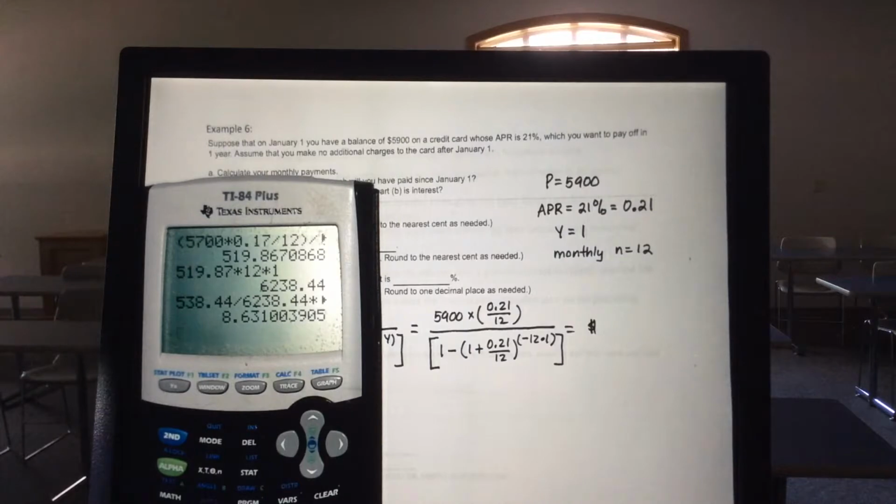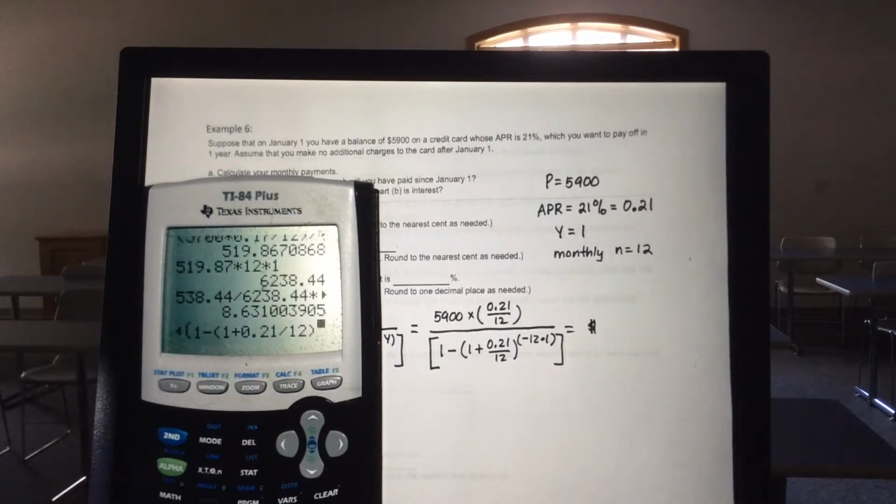Okay, so now let's first do left parentheses, then 5,900 times 0.21 divided by 12, close parentheses. That quantity will be divided by, and then left parentheses, 1 minus, left parentheses, 1 plus 0.21 divided by 12, close parentheses, then the half key for your exponent, left parentheses, negative 12 times 1, close parentheses, and then use your right arrow key to get out of it.